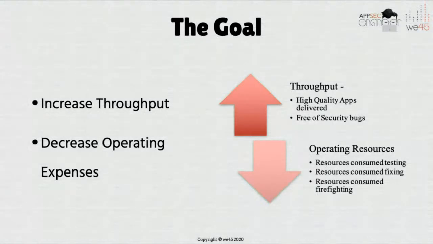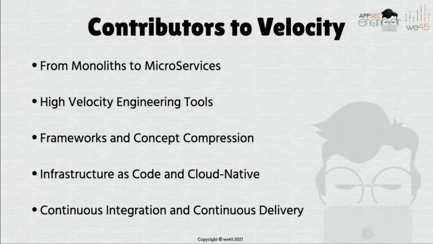Now, when you look at some of the contributors to velocity itself, right? Whenever you want to increase the efficiency or the overall go-to-market strategy when it comes to deploying your application, what we often typically see is a lot of organizations are moving away from monoliths to microservices.